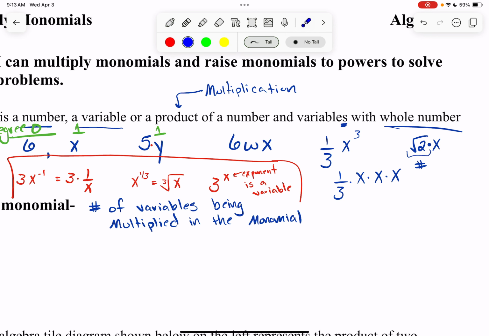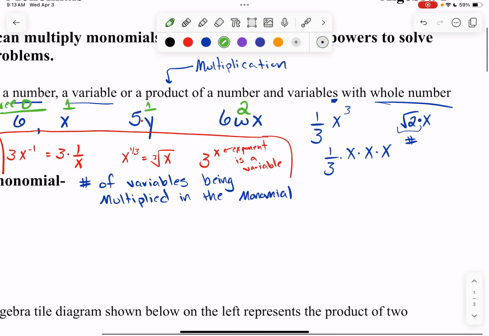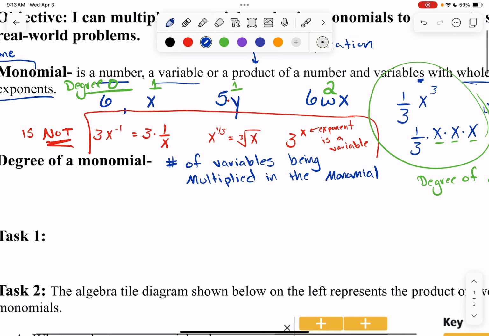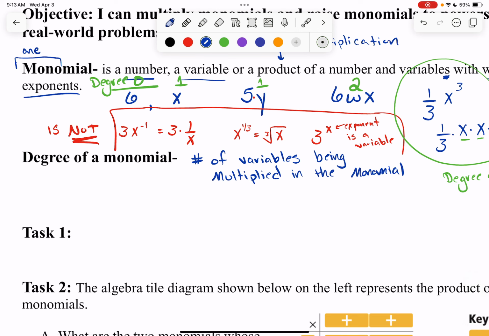6wx. How many variables do we have there? A w and an x, so the degree of that is 2. I'm multiplying 2 variables. This 1/3 x to the third has a degree of 3 because I'm multiplying 3 x's. Okay, so if I have a monomial, let's get a different one. 16x to the fourth y z to the second.